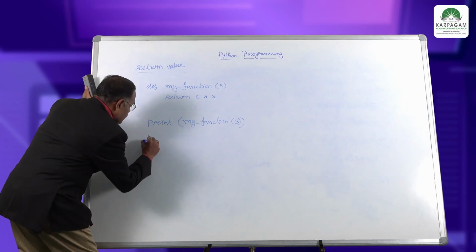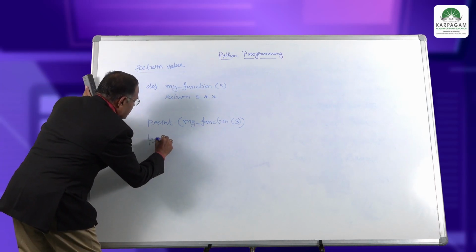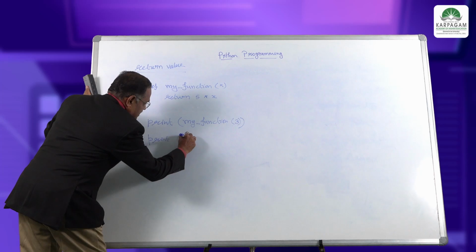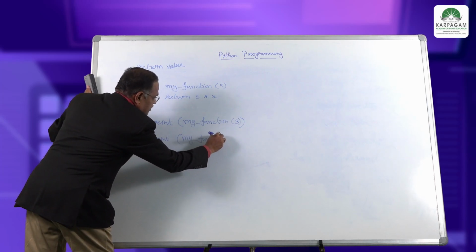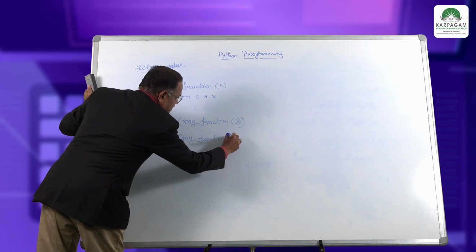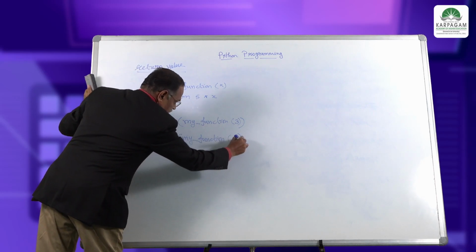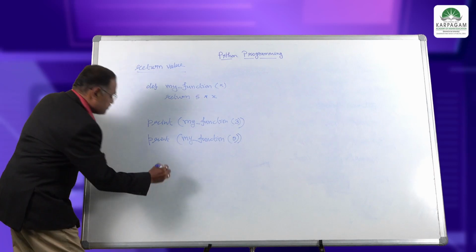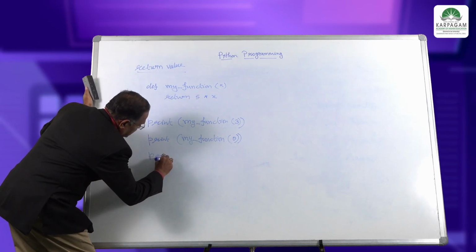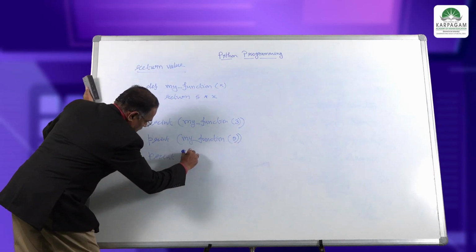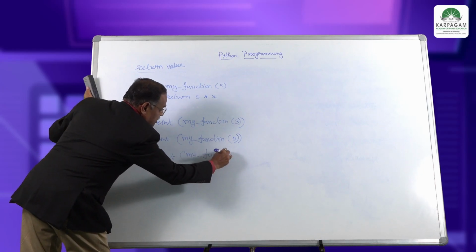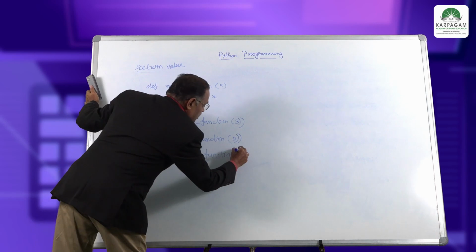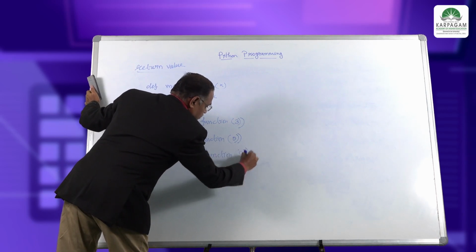Then again I am going to pass another value: print my_function of 5, then close the print. Then print my_function of 9.